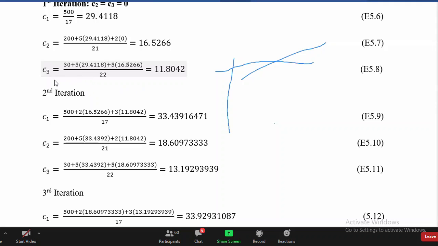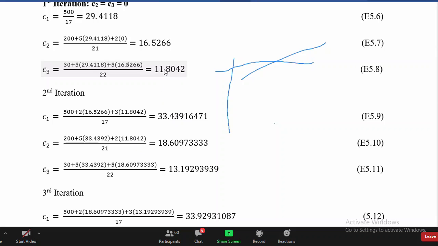All right, now, second iteration, you begin to collect the previous values. For c2, this is the value for c2. This is the value for c1. You calculate it immediately, a new c1. You substitute this new c1 straight in to calculate c2.